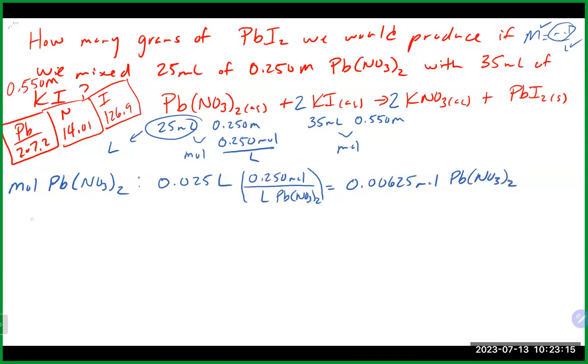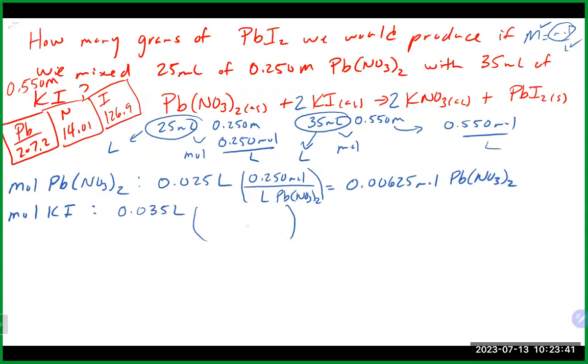I'm going to also do the same thing for my other reactant, which is my KI. I'm going to take my volume and convert it to liters. I'm also going to turn this into 0.550 moles per liter and use it as a conversion factor so I can see both units. When you divide the 35 by 1,000, you end up with 0.035 liters.